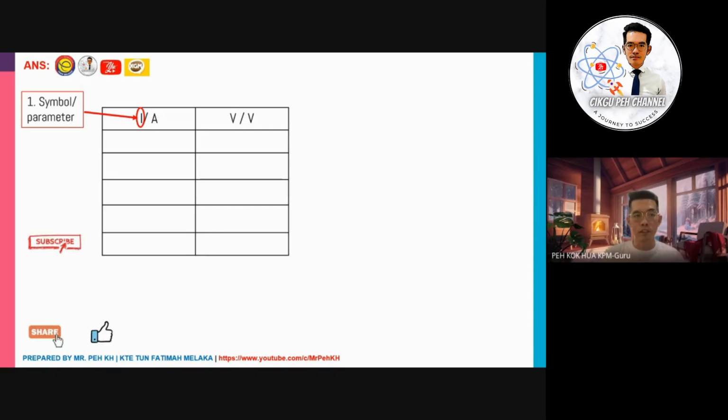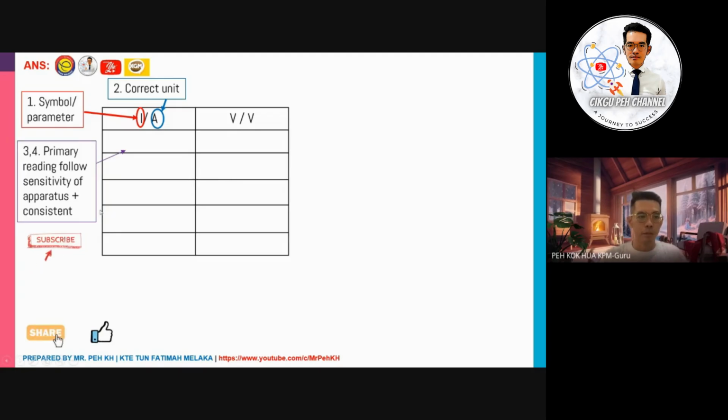Firstly, you must give the symbol or the parameter for the MV, which is I. V will be for voltage. Then second, you need to give the correct unit. Ampere for current and volt for voltage.